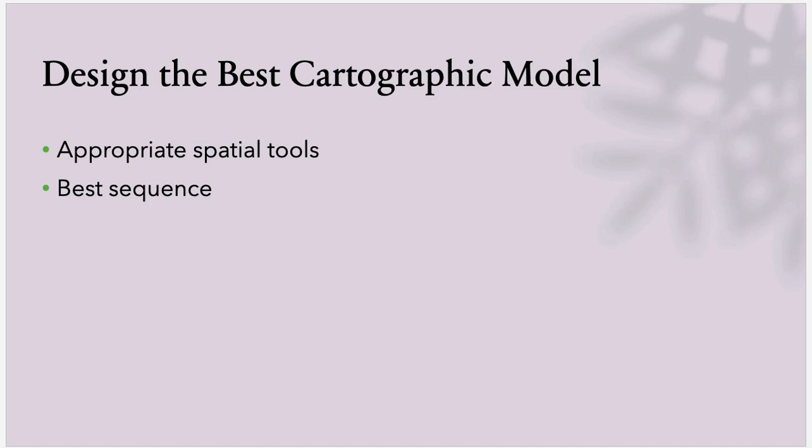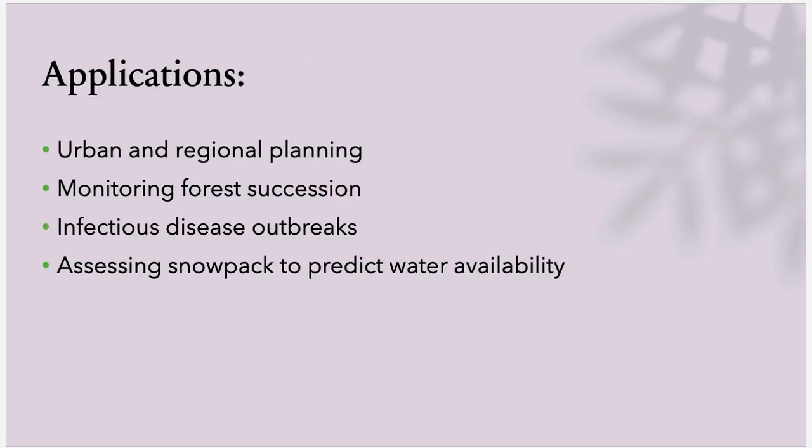With a small set of tools and data layers, we can create a huge number of cartographic models. These are the different types of applications used for cartographic models: urban and regional planning. You can also use these models to monitor forest succession, monitor infectious disease outbreaks, and assess snowpack to predict water availability.